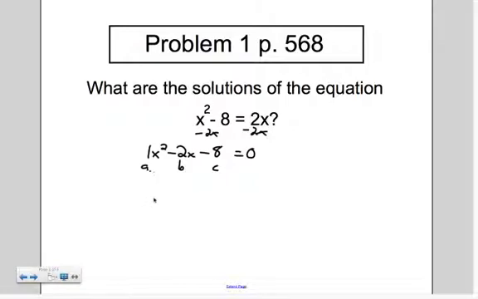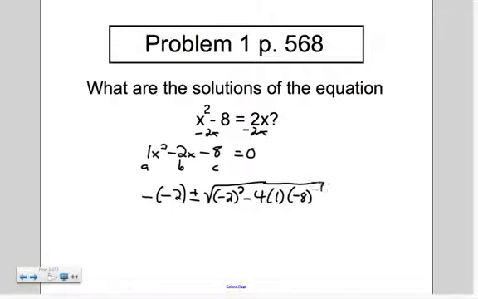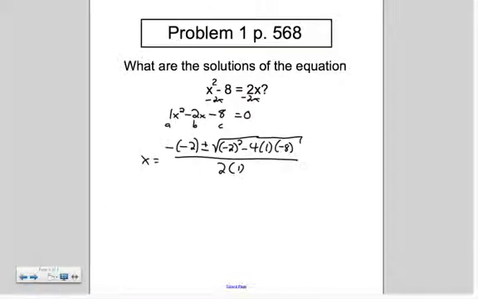Remember, negative b plus or minus the square root of b in parentheses squared minus 4ac all over 2a. It looks a little interesting there, but we're going to go ahead and work it out.